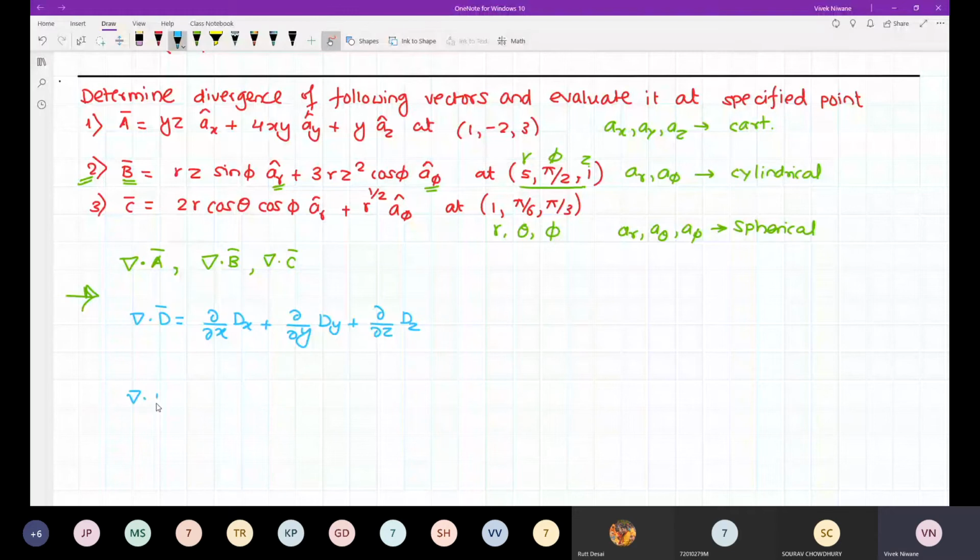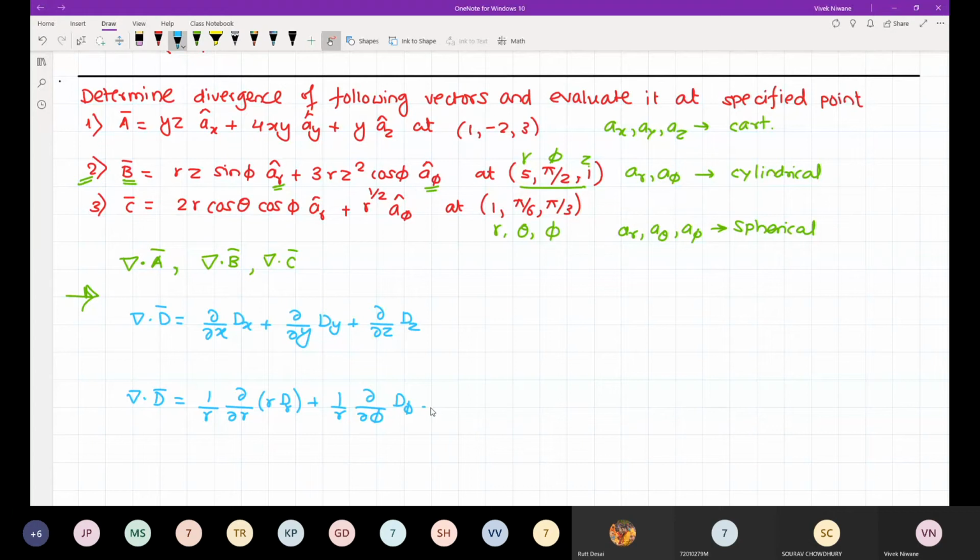Then we have an expression of del dot d bar in the cylindrical coordinate system as 1 upon r del by del r of r dr plus 1 upon r del by del phi of d phi plus del by del z of dz.